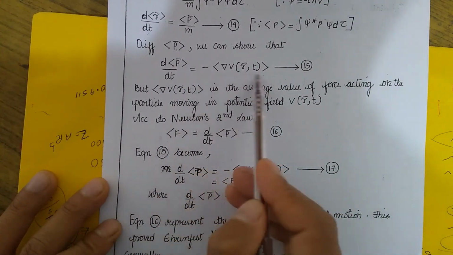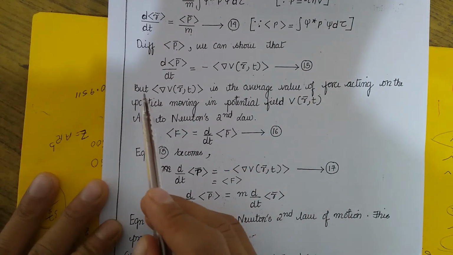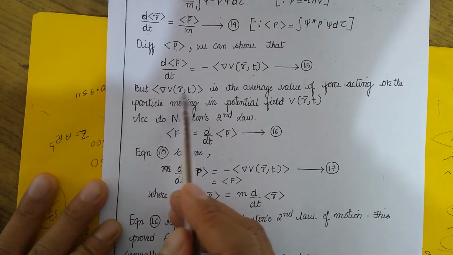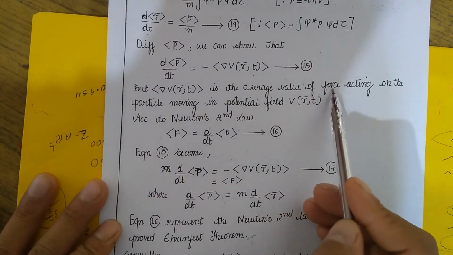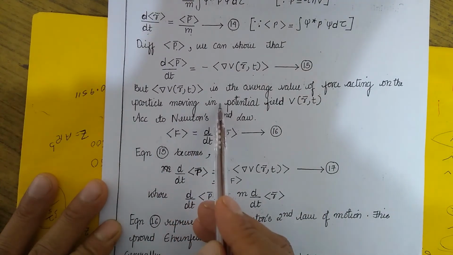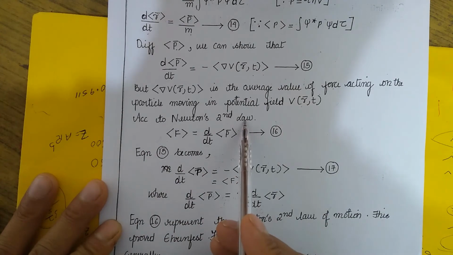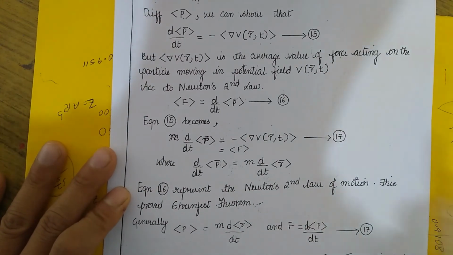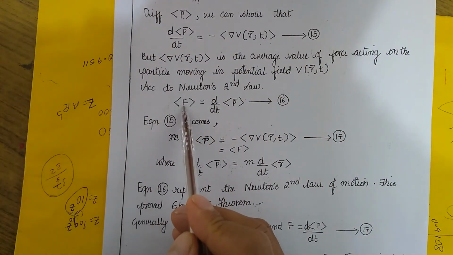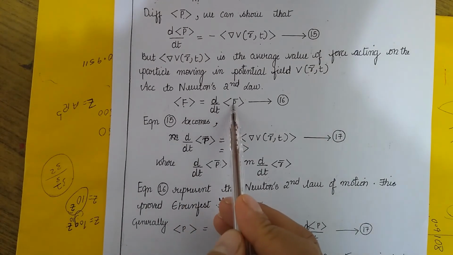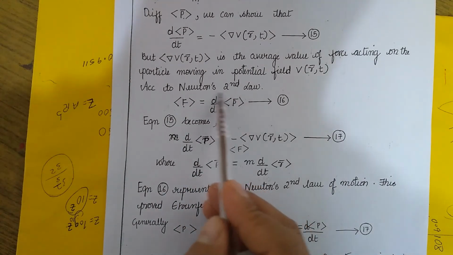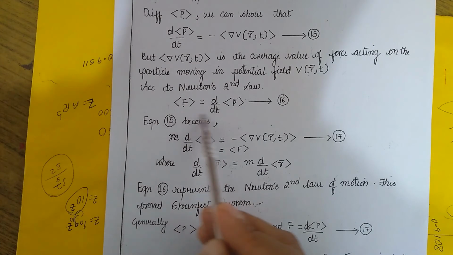So this is your external force. This term is the average value of force acting on a particle moving in potential field V. According to Newton's second law, force is directly proportional to the rate of change of momentum. So this is your Newton's second law of motion.